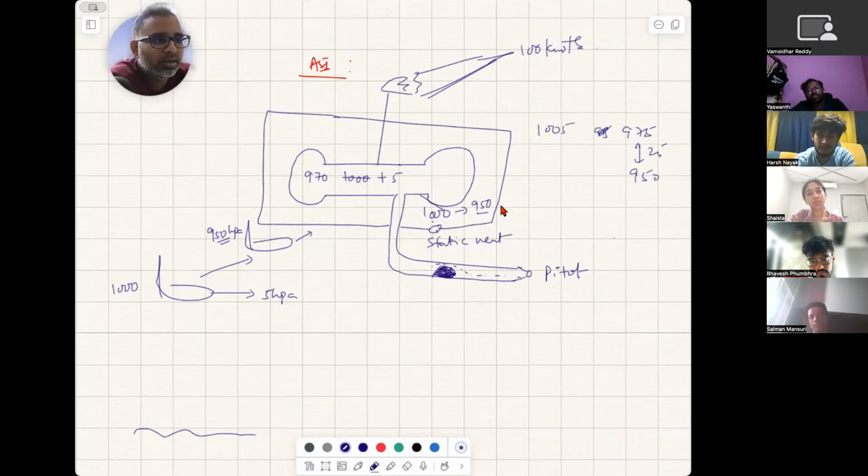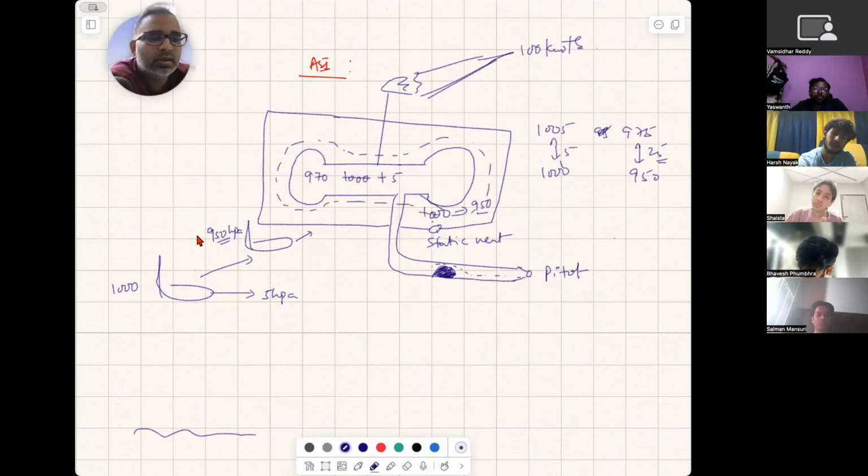And outside it was 1000. So the excess pressure was 5, now the excess has become 25. What happens to the ASI? It expands and overreads. Understood? So write down.